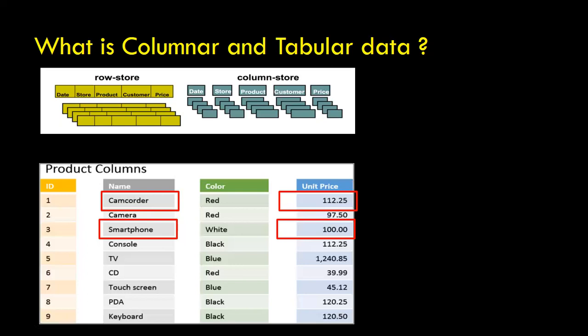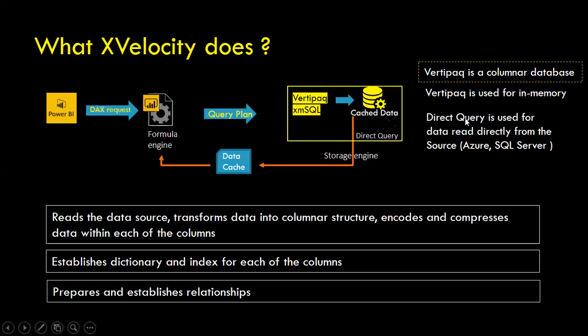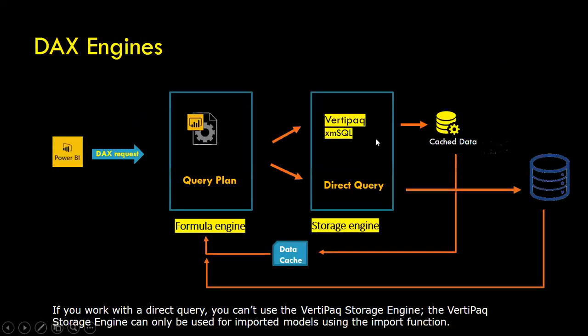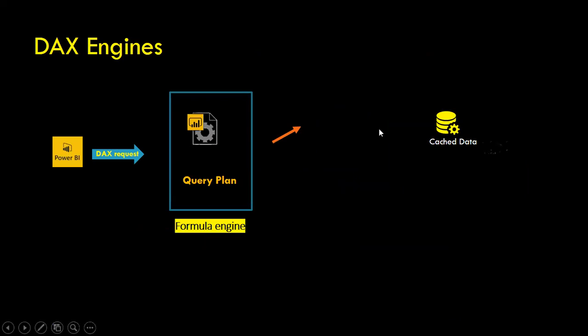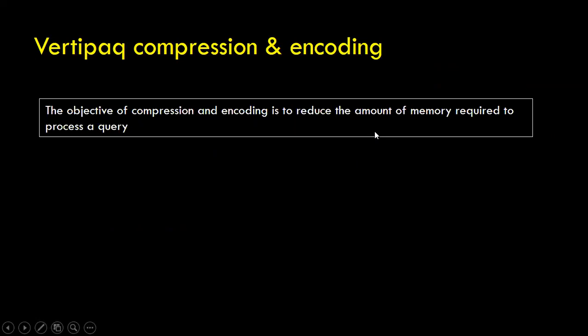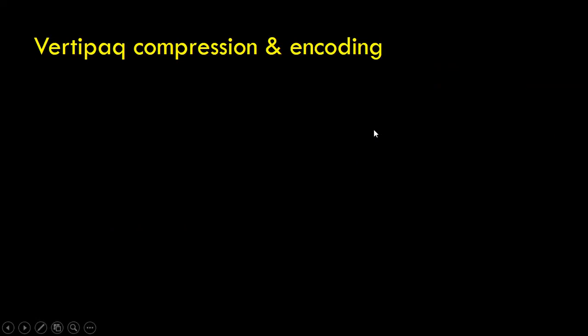But if the memory consumption is very less because the data you are loading is compressed, the performance is faster and it doesn't require too much RAM. That is taken care of automatically by the xVelocity engine. In the case of import mode, DirectQuery is straightforward. It goes and directly executes.